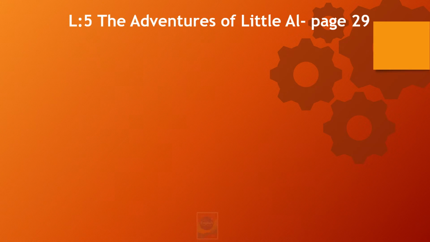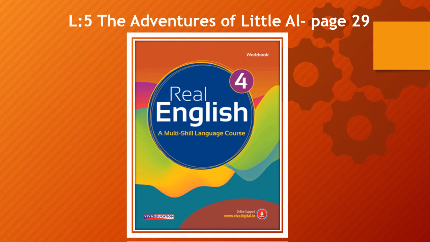Okay students, so now I want you to quickly take out your Real English Book 4 and refer to page number 29 of lesson 5, that is the Adventures of Little Al. On this page you will see three exercises, A1, A2 and A3. The first exercise A1 is choose the correct answers.